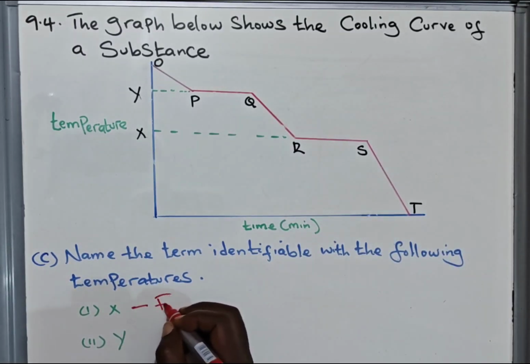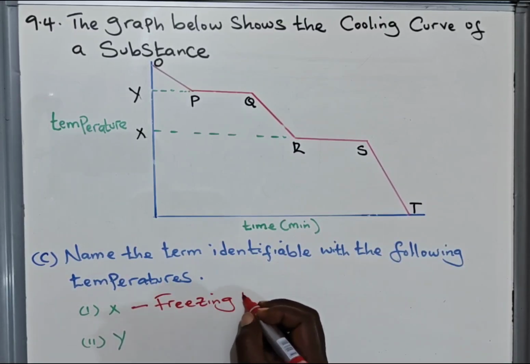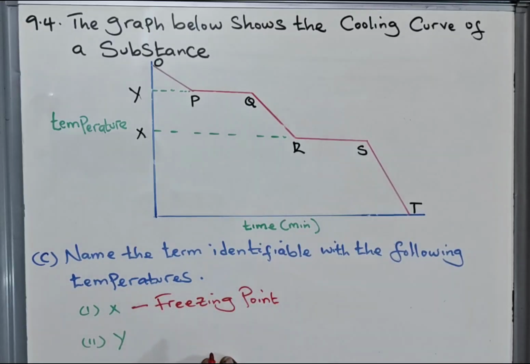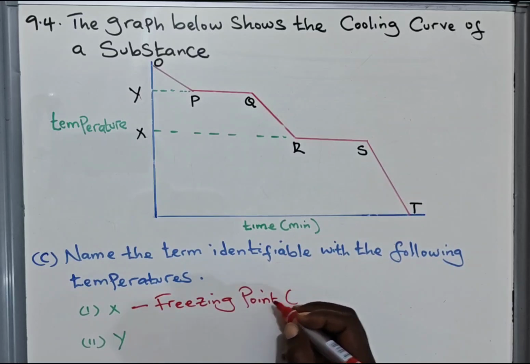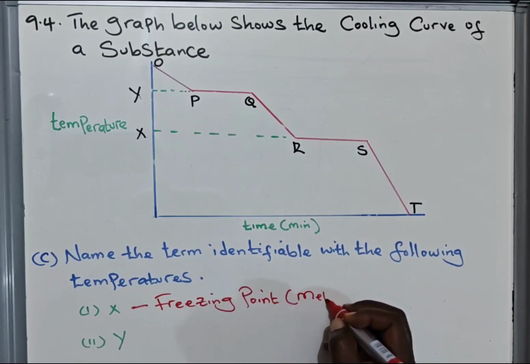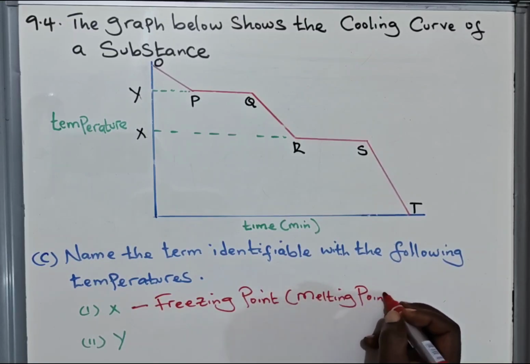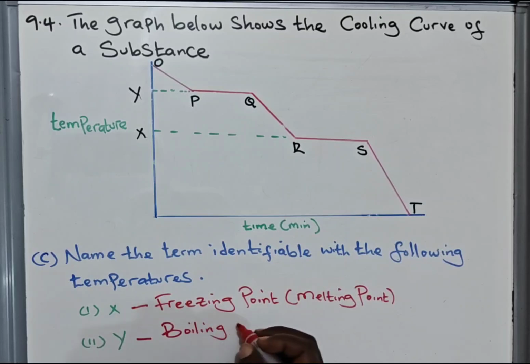X is freezing point, which in most substances is the same as melting point. Okay, then Y. Y is boiling point.